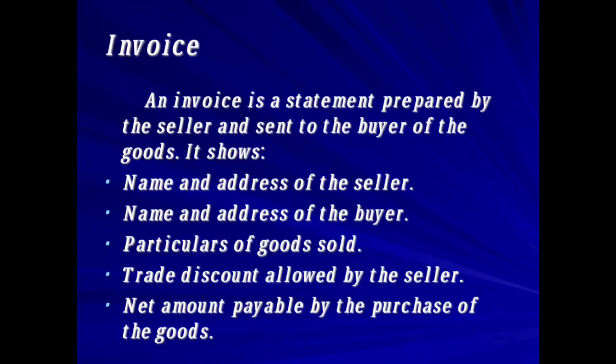It is a statement prepared by the seller and sent to the buyer. It includes the name and address of the seller, the name and address of the buyer, the particulars of goods sold, the trade discount allowed by the seller, and the net amount payable by the purchaser of goods.